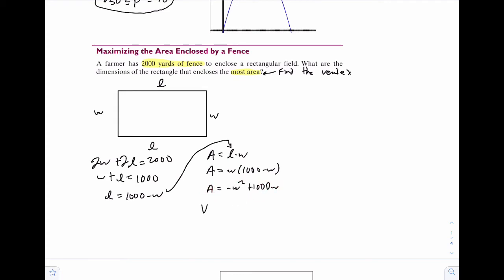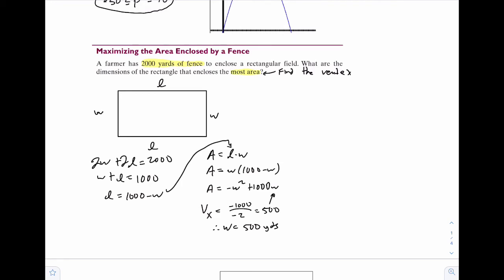So our vertex, let's find it, opposite B, that's negative 1,000 over 2A, negative 2. That's going to be 500. And remember, that's your x value. So in this case, that's W. Therefore, the width is going to be 500 yards.